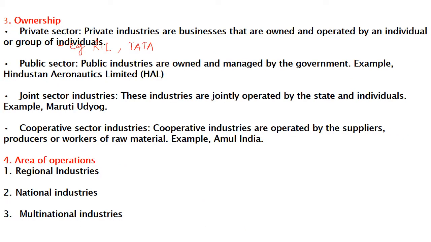Next, on the basis of ownership, we have private sector, public sector, joint sector, and cooperative sector industries. First is private sector. Private sector means that type of business firms are run by private individuals. Example: Reliance Industries Limited, Tata, all are private.